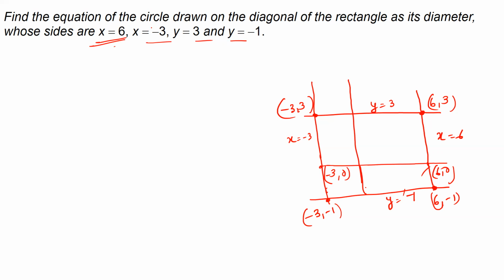Now I want to find out the equation of the circle drawn on the diagonal of the rectangle as its diameter.